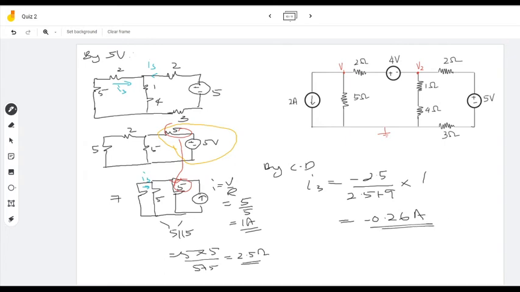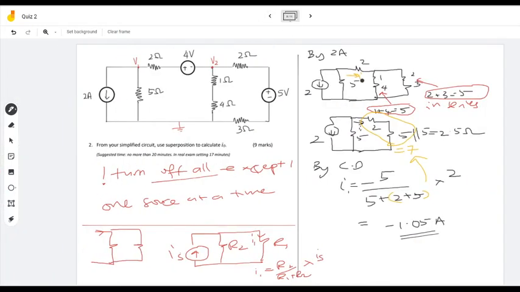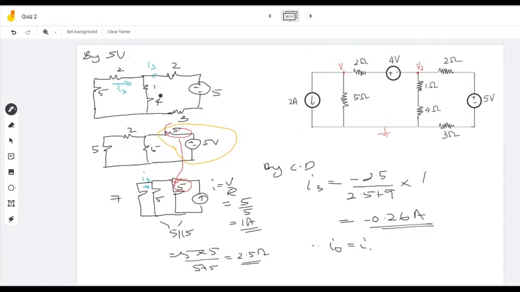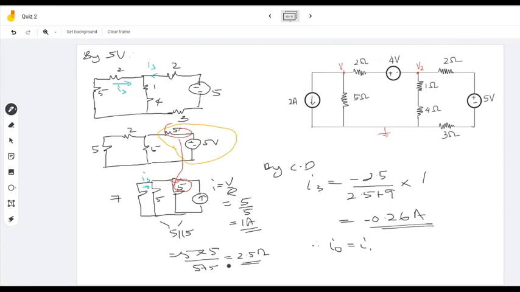So to finish the question off, the question asks for I0, isn't it? I0 equals I1, I2, and I3. Remember, I used I1, I2, and I3. Therefore, I0 equals I1 plus I2 plus I3. And then you just have to put the numbers together, right?